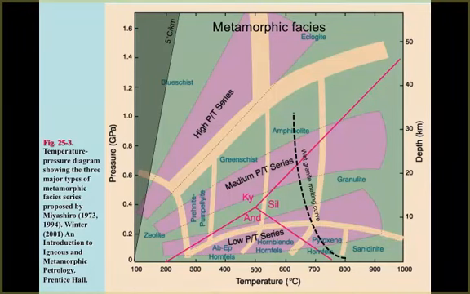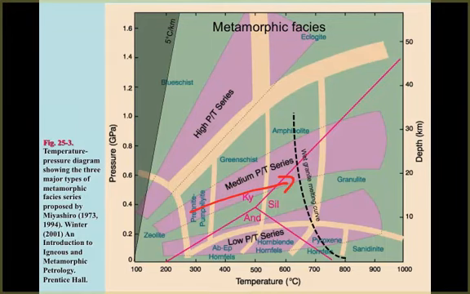You're also seeing this wet granite melting curve. Your protolith is a granite, and it has some water in it, structural water. That's the temperature you must reach, as you're increasing pressure and temperature, where you'll start to see partial melting.